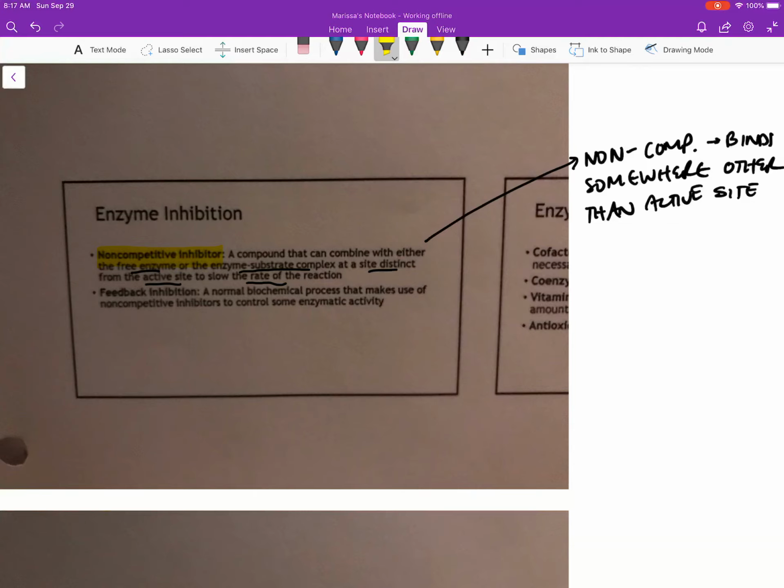Feedback inhibition is a normal biochemical process that makes use of non-competitive inhibitors to control some enzymatic activity. This is like a manufacturing process. You start with raw products, make an intermediate product, then produce it and take it to the stores.